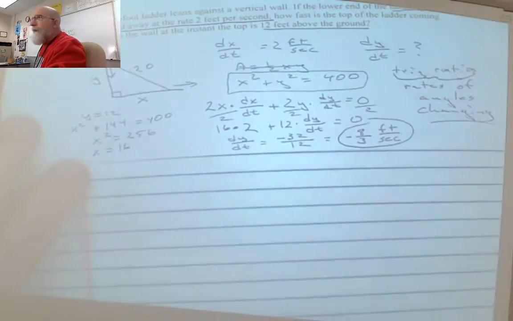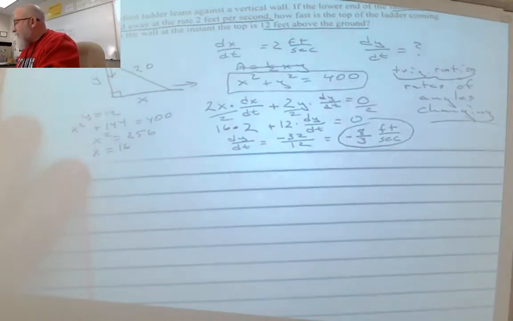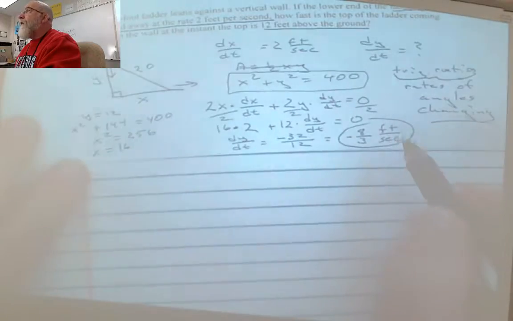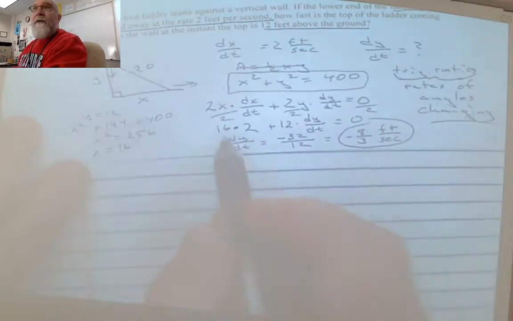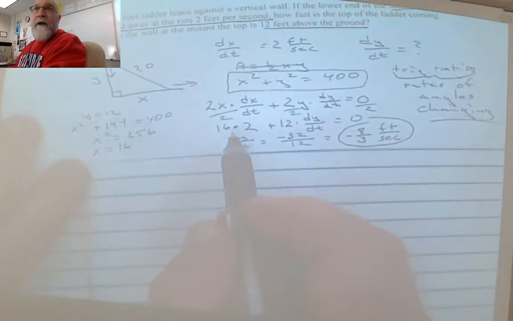Now, notice that I circled. Don't circle, don't box out. Those are all skills that teachers have told you to do so it's easier to find the answer. Here's the deal: if you circle, you're telling the person correcting your test, here's my answer, and you might have had the right answer over here and then screwed up.